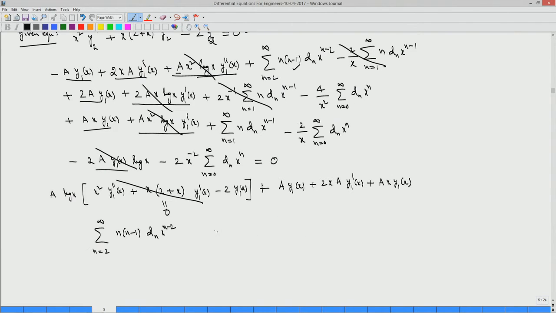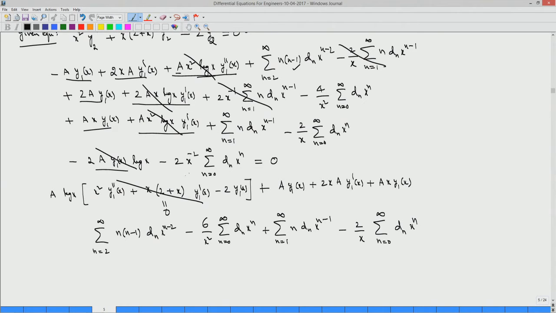So if you look at this, you have minus 4 by x square sigma n is from 0 to infinity dn x power n, plus sigma n is from 1 to infinity n dn x power n minus 1, minus 2 by x, n is from 0 to infinity dn x power n, and then you have 2 by x square dn x power n, so minus 2 by x square, minus, that is going to be 6.